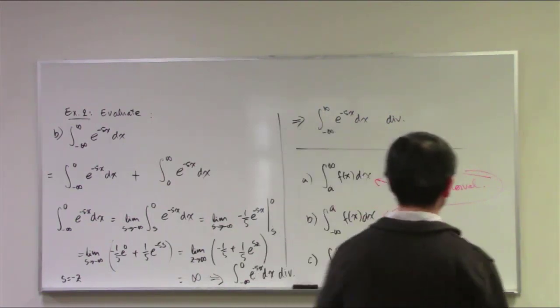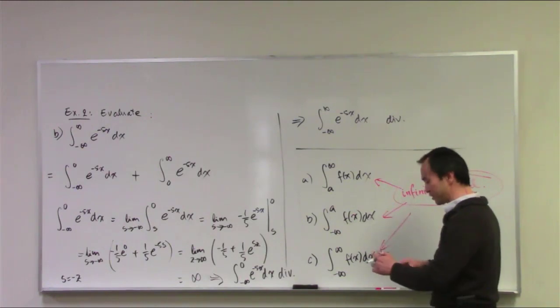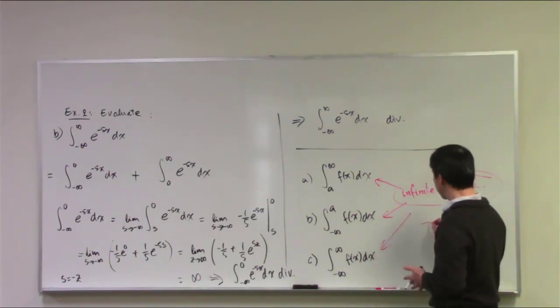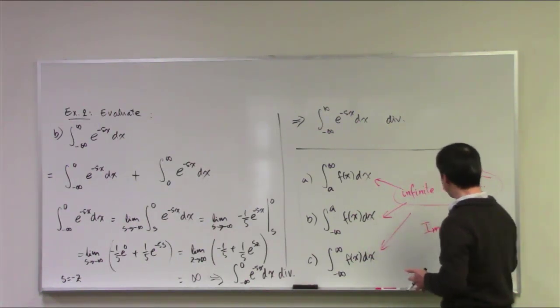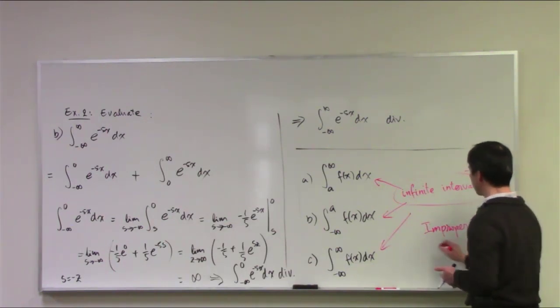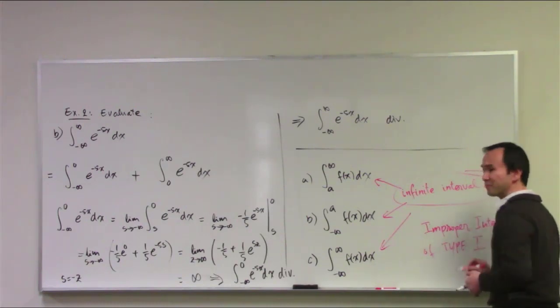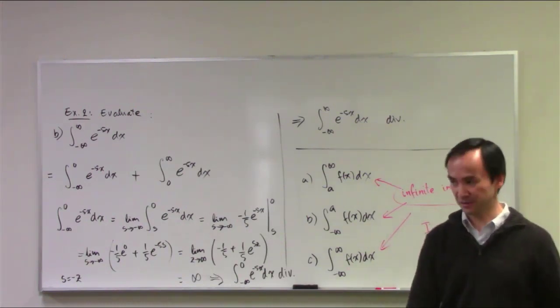And that's why this kind of improper integral, which many textbook authors and many professors, including me, refer to as improper integrals of type 1. See what I mean? Because there's another type waiting for us.